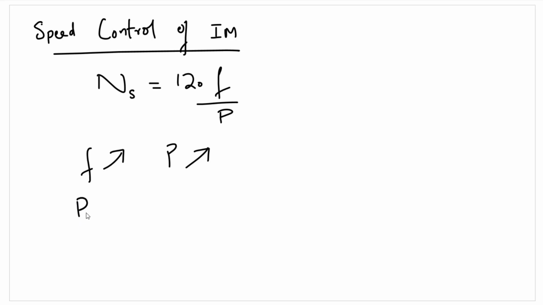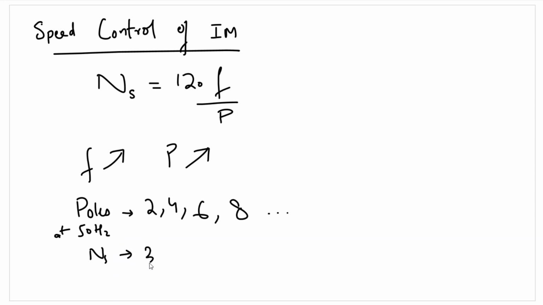We know that poles can either be 2, 4, 6, 8, and so on, and at a rated frequency of say 50 Hz, the synchronous speed will be either 3000, 1500, 1000 RPMs, and so on.